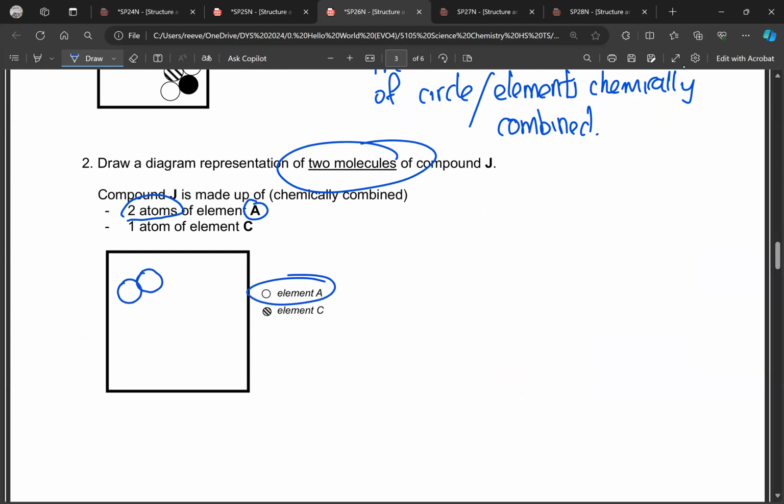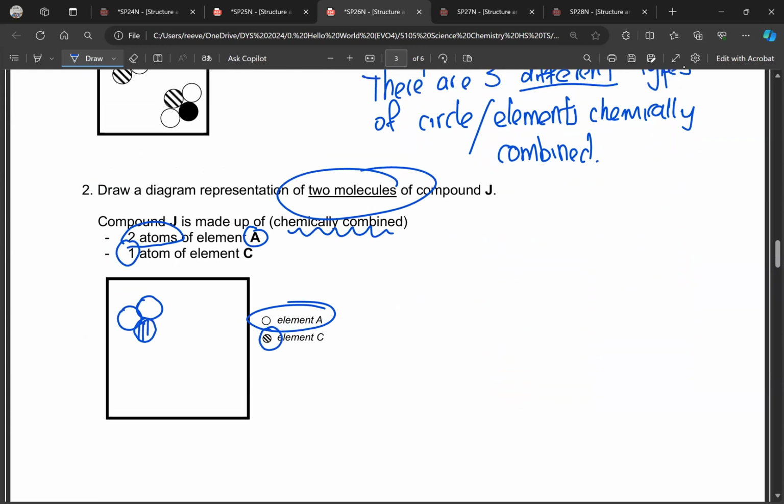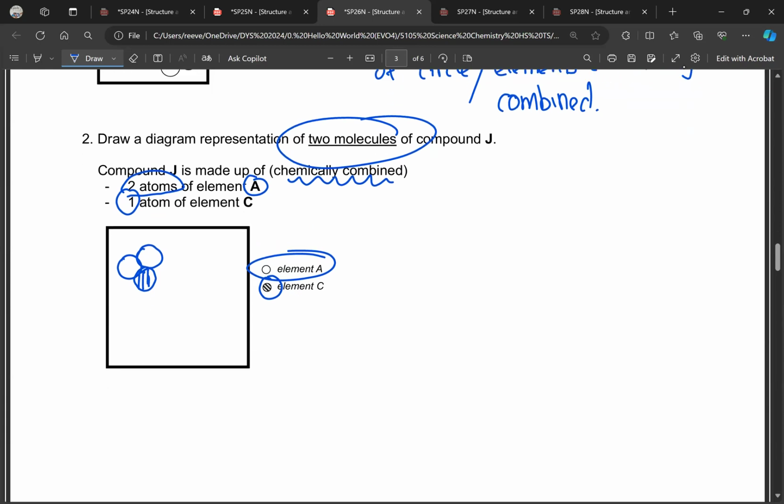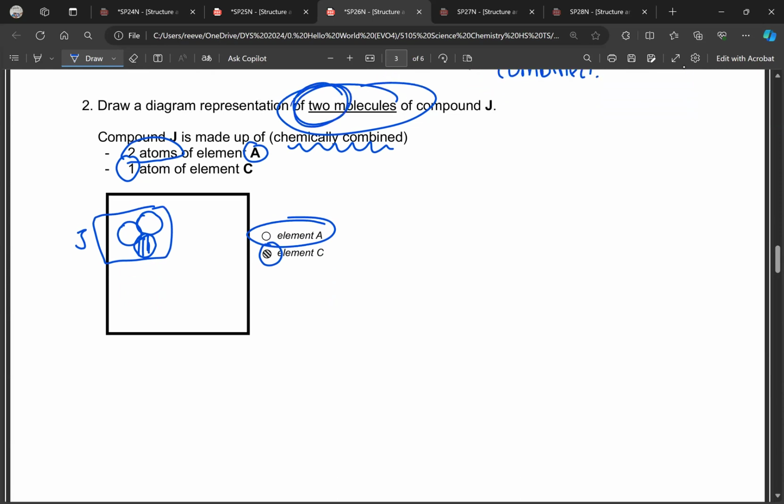Join together, all joined, chemically combined. 2 white circles and 1 shaded circle, so I join them. So this is J. J consists of two white circles and one striped circle chemically combined. And I want two molecules, so you can draw one more set.